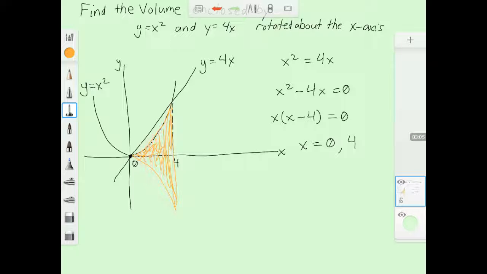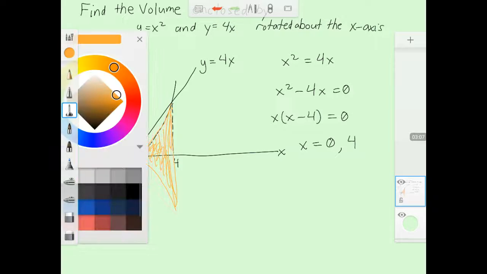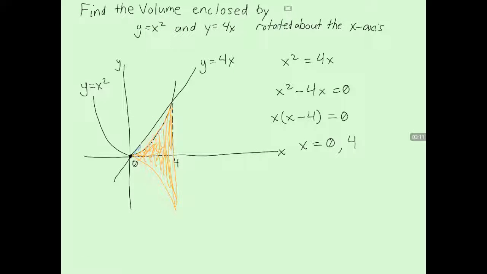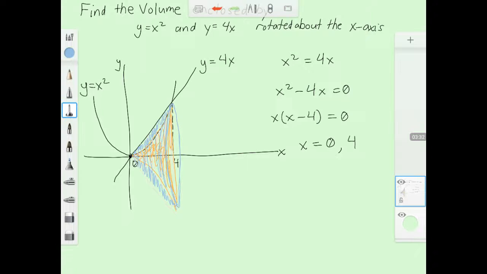So if we subtract those two volumes, essentially what we get is the volume obtained if we rotate this area between the two functions around the x-axis. So what we're going to get is the difference between the two volumes.